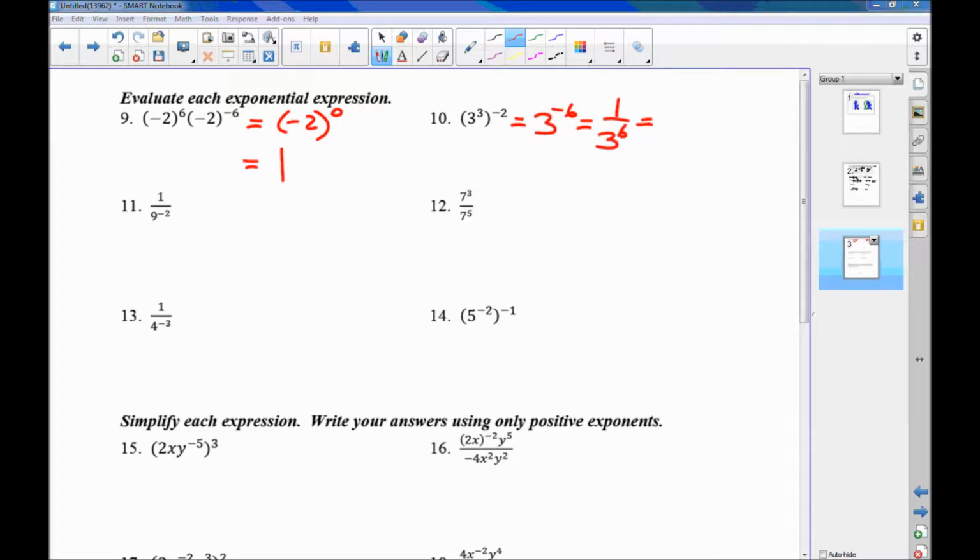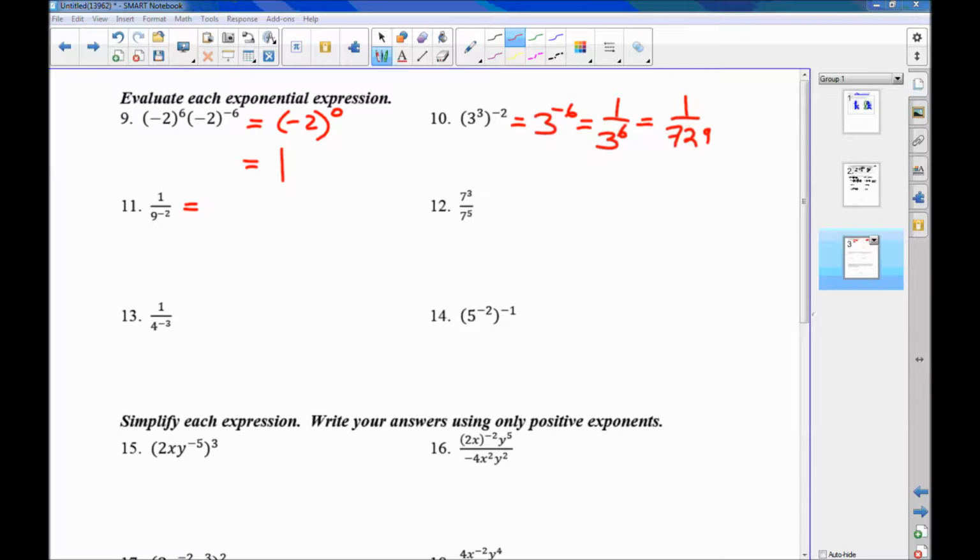And 3 to the 6th power, that's 3 times 3 times 3 times 3, 6 times. This is where a calculator comes in handy. So 3 to the 6th power is 729. So 1 over 729.